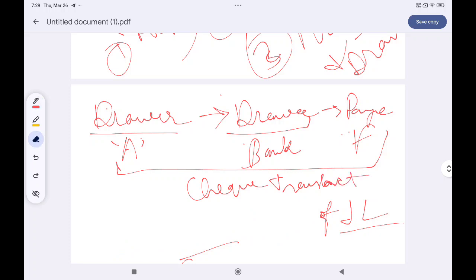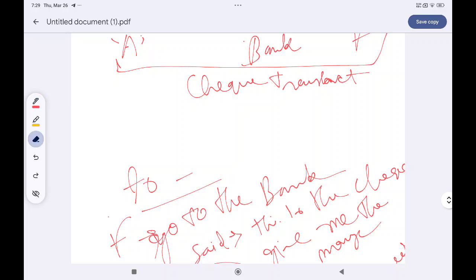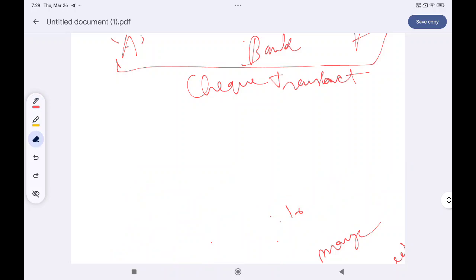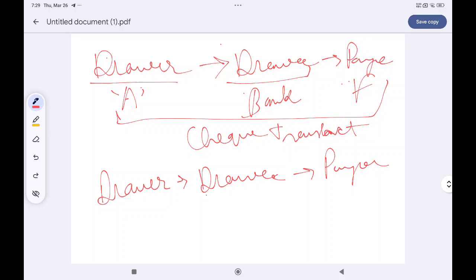But if by any chance there is no presence of a bank between payee and drawer, there is drawer, drawee, and payee. If it's not a bank, it is something else.